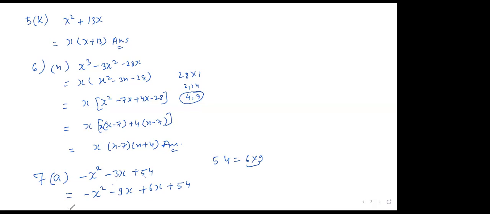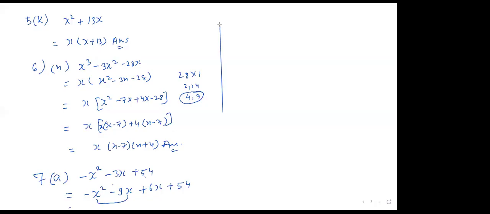So now we have negative x common between these two terms. So taking negative x as common factor. I have to partition from here.